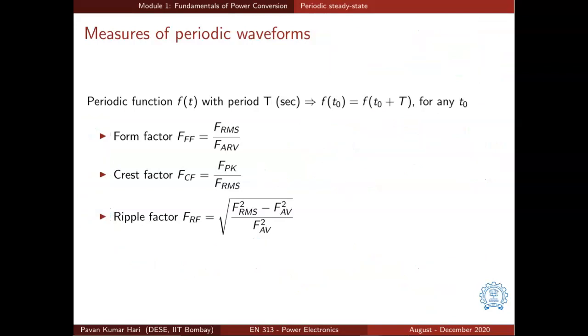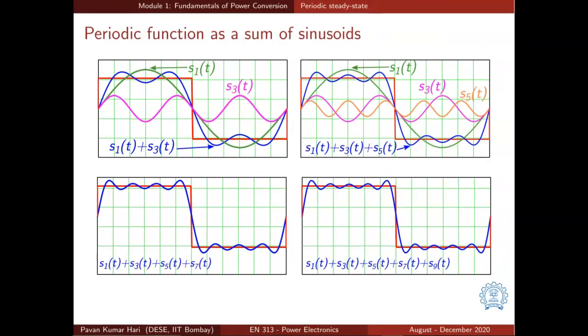The next set of waveform measures can be understood by the fact that a periodic function can be represented as a sum of sinusoids. For example, let us consider the square wave shown in red color here. This square wave can be seen as the sum of different sets of sinusoids. So consider the first set.